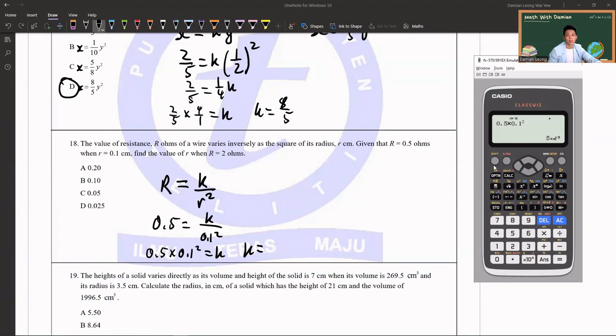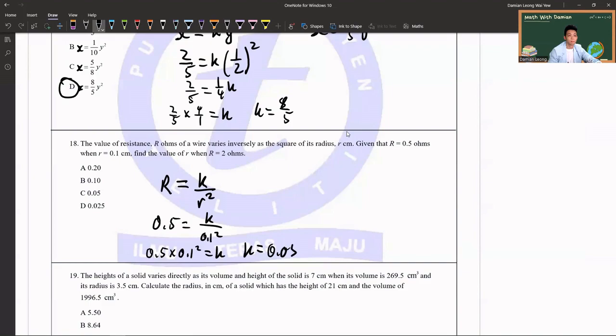You can press Shift E and G to change it to the decimal form. Oh wait, it's 0.005, my bad. It's up to you, 0.005 or 1 over 200.